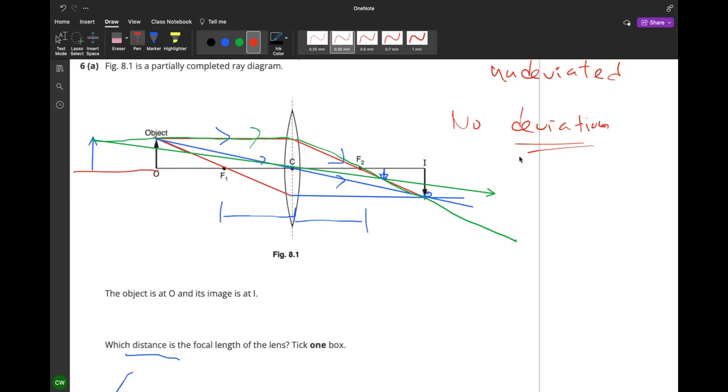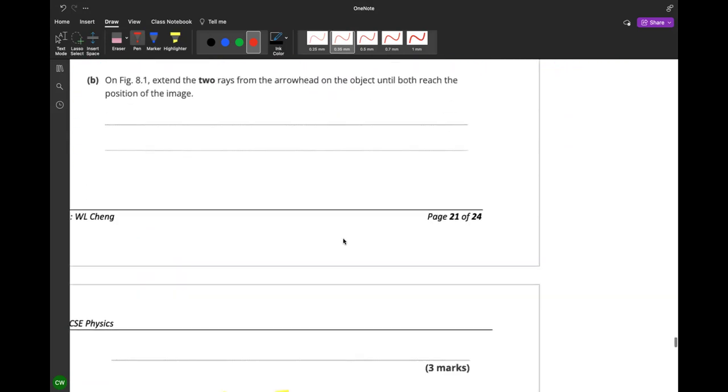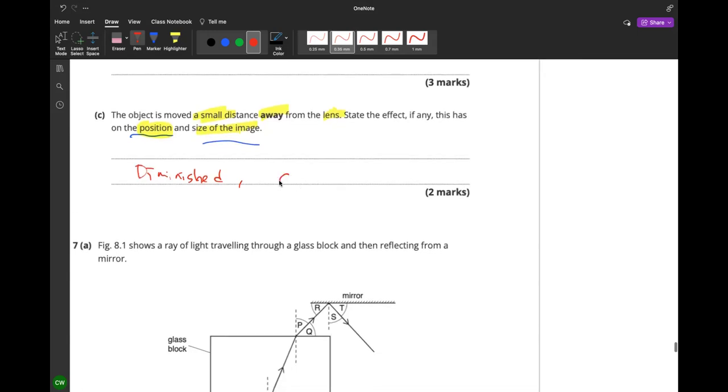If it's moving away, means away from lens. If you go in this direction, it's away from lens. When you go this direction, closer to what? What do you call this thing? Lens. Closer to lens. Can you write closer to lens? Is it correct? Closer to lens.